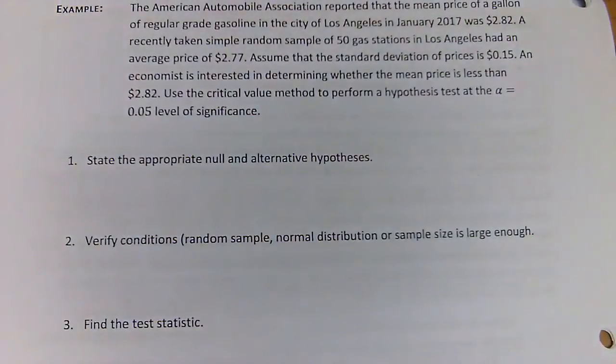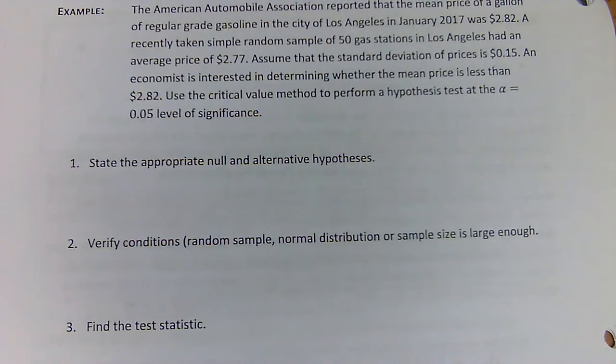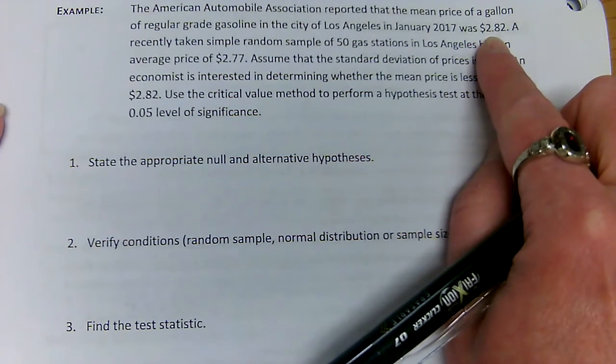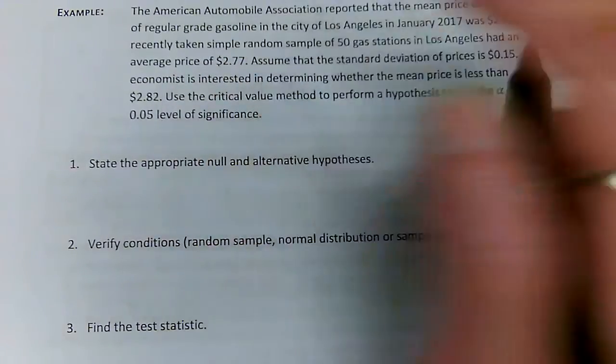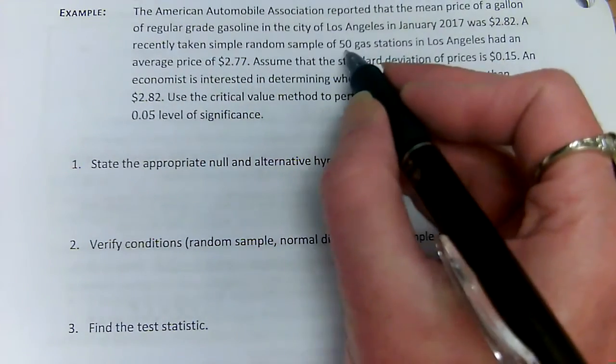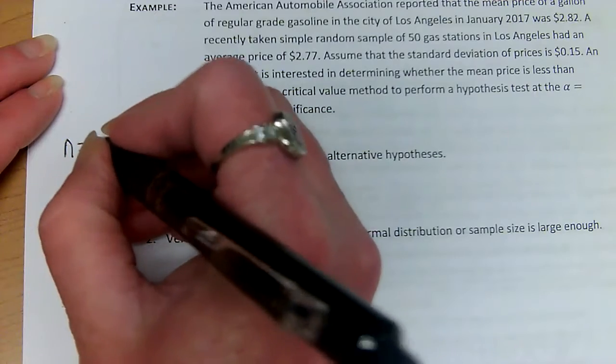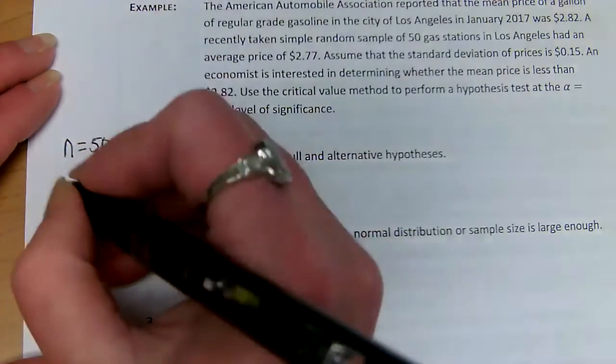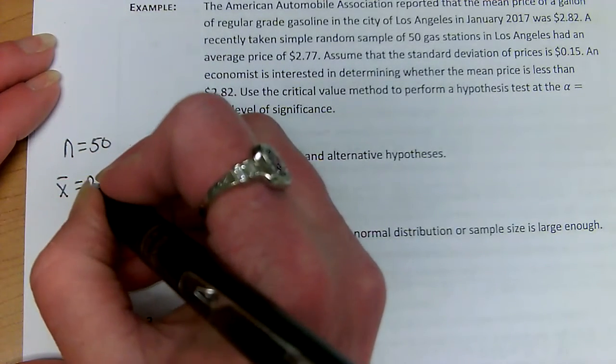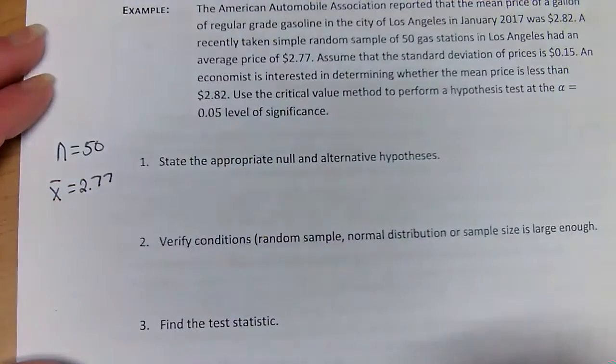The American Automobile Association reported that the mean price of a gallon of regular grade gasoline in the city of Los Angeles was 2.82. A recently taken simple random sample of 50 gas stations, N is 50, had an average price of 2.77.